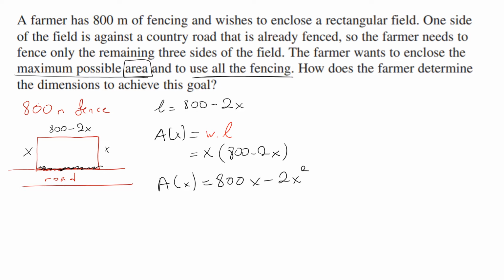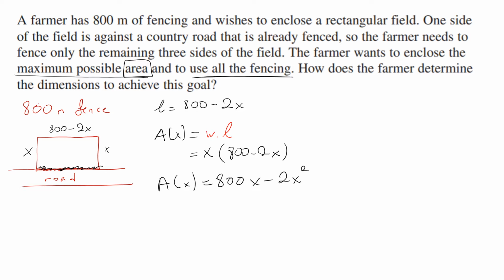In previous problems, meaning the previous section, they already gave us the restriction, like the domain restriction, before we even took the derivative. Right now, I can put the domain restriction in myself because I know in total I have 800 meters.